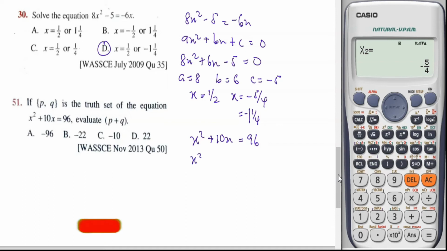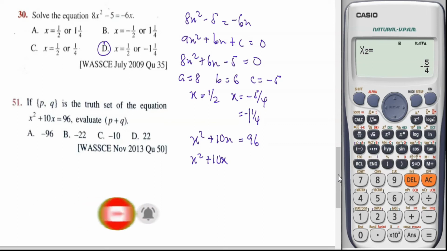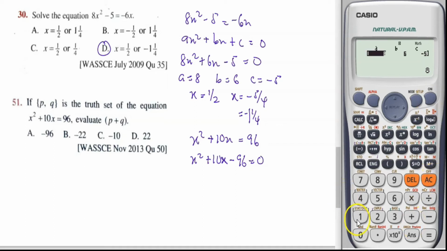So we have x squared plus 10x, then minus 96 equal to 0. So let's program it, and that is going to give us, clearing the screen, we should actually look out for the A, B, and C. So A value is going to be 1, B value is going to be 10, and C value equal to -96.